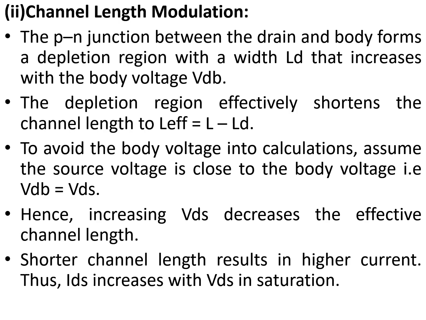To avoid the body voltage in the calculations, let us assume the source voltage to be close to the body voltage, that is, VDB is equivalent to VDS. Hence, increasing the drain voltage VDS decreases the effective channel length, and a shorter channel length will result in a higher current. Thereby, the current increases with increase in the drain voltage, and this results in saturation.